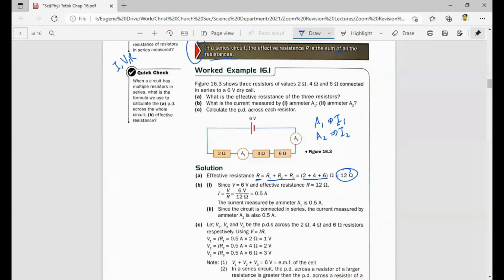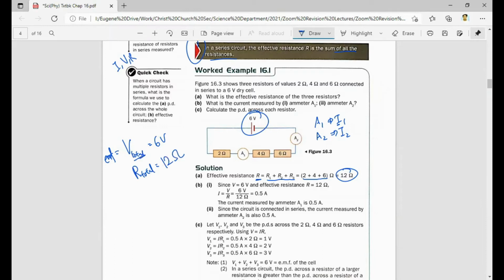And hence, since we know the total voltage, V total, is 6 volts, which is the EMF, and we know that R total, or effective resistance, is 12 ohm, we can find out the total current that's flowing out.